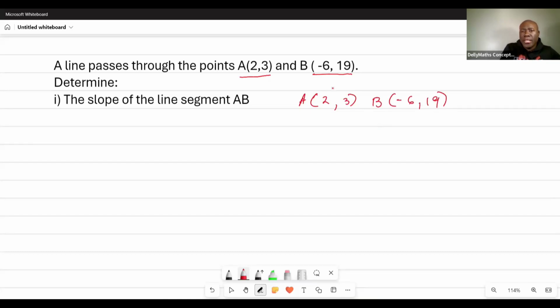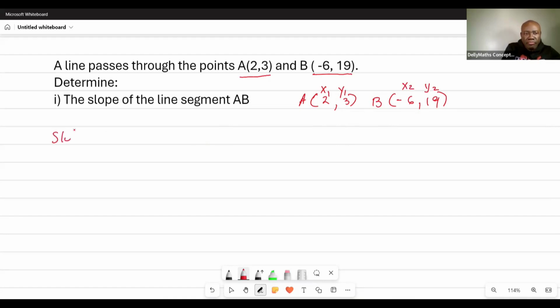So we can label point A as x1, y1. Those are the coordinates for A. And for point B, x2, y2. Whenever we're finding slope when we have 2 points, we can easily use this formula.